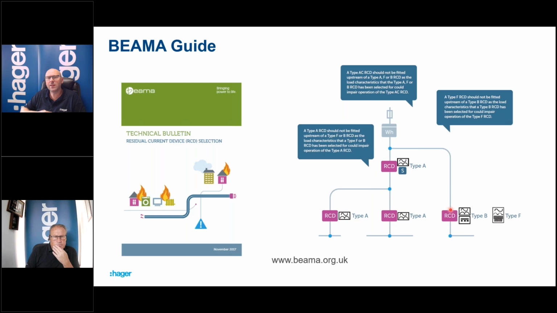So you really do need to consider, if you've got a heat pump or an EV charger that's calling for a type B device, this device cannot be fed by another RCD that's not as great as the type B. And putting two type Bs in series is going to add significant cost to the project. So really pay attention to that sort of setup. So I'll hand over to Paul now to talk you through the selectivity requirements.